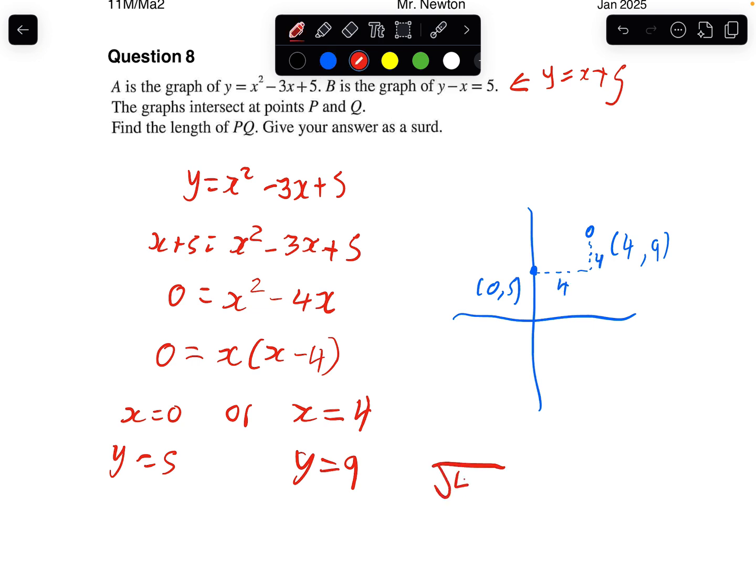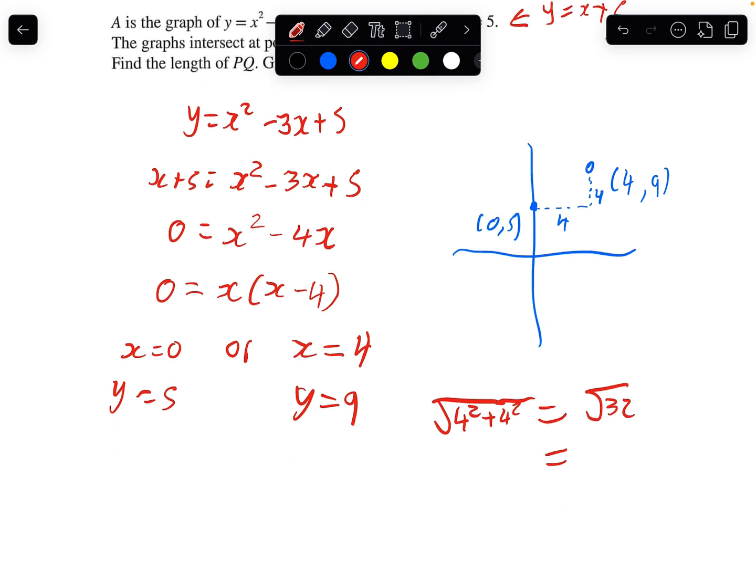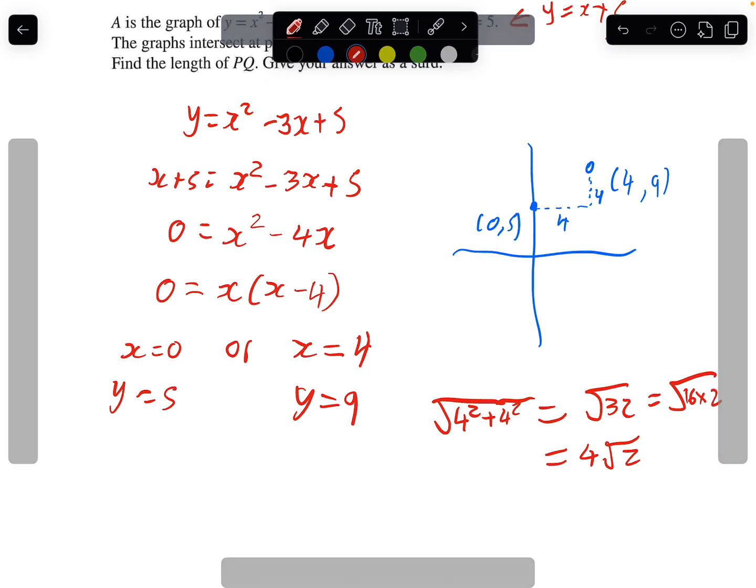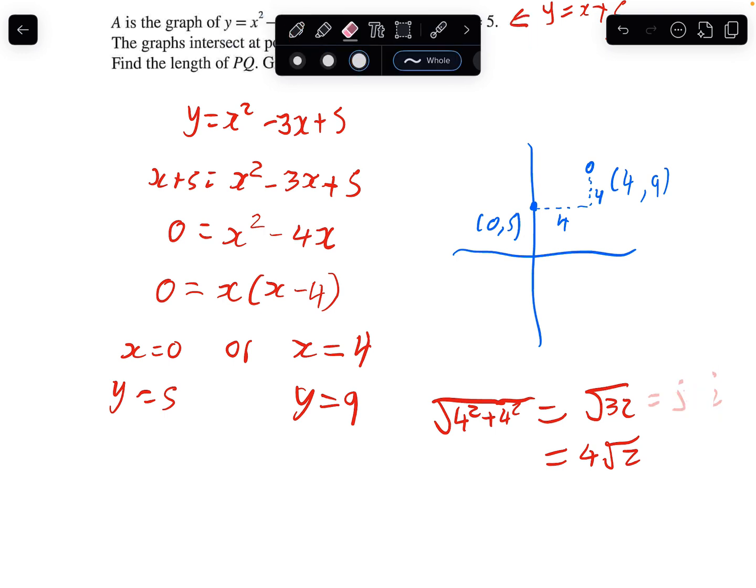Square root of 4 squared plus 4 squared is going to be root 32, which I can now simplify. 16 times 2, so 4 root 2, because that's equal to root 16 times 2. Perfect. We're getting there.